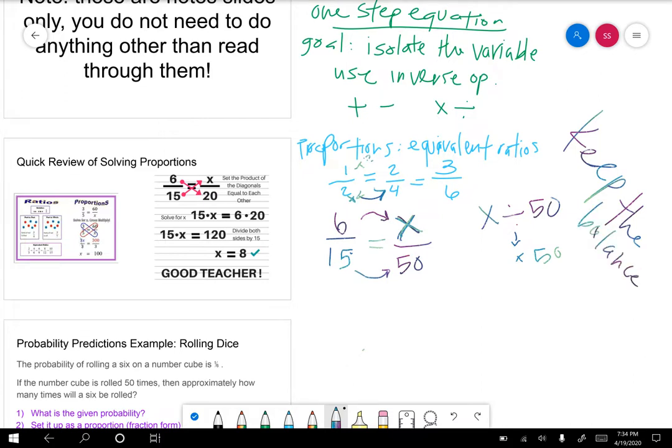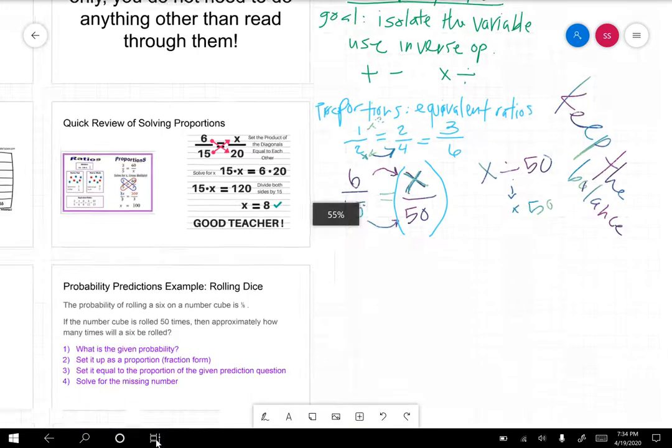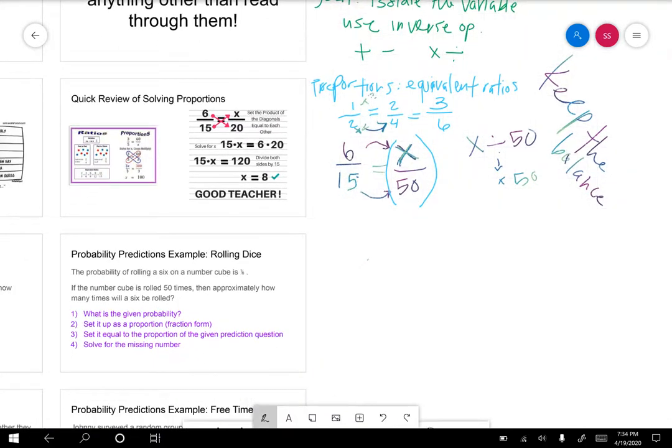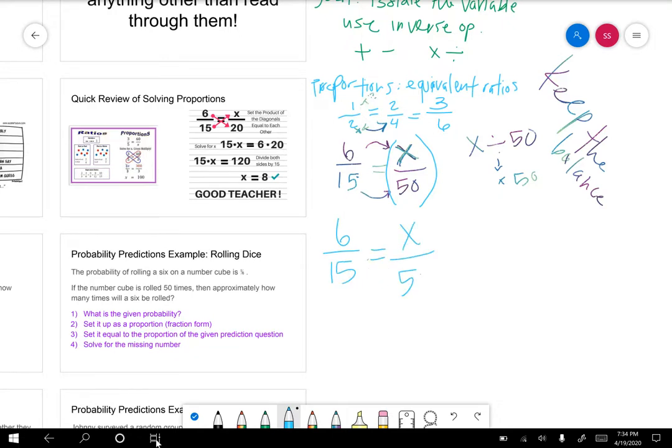Okay, so what I'm going to do is, actually, I'm going to just rewrite this below so it's not so messy. 6 over 15 is equal to some number over 50.